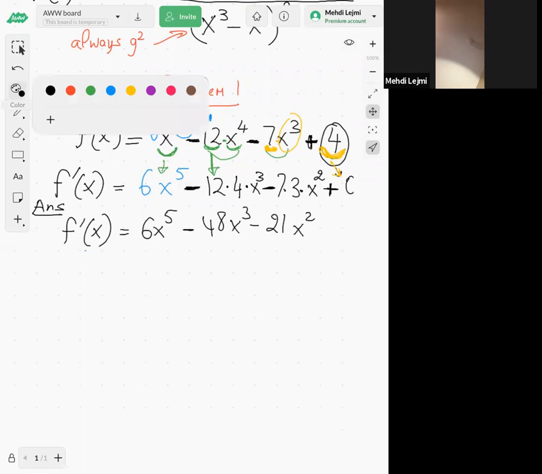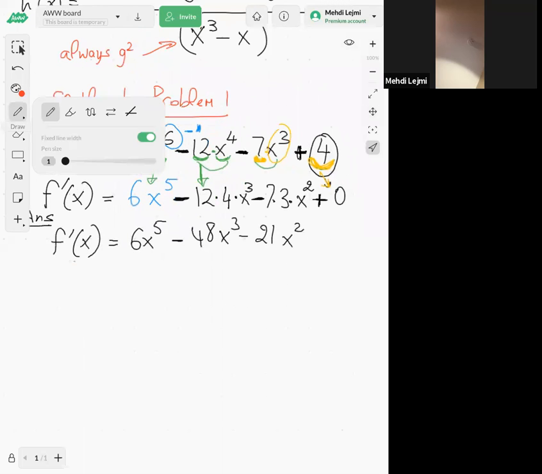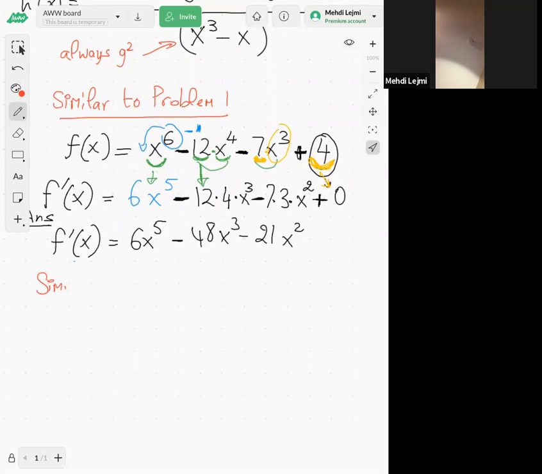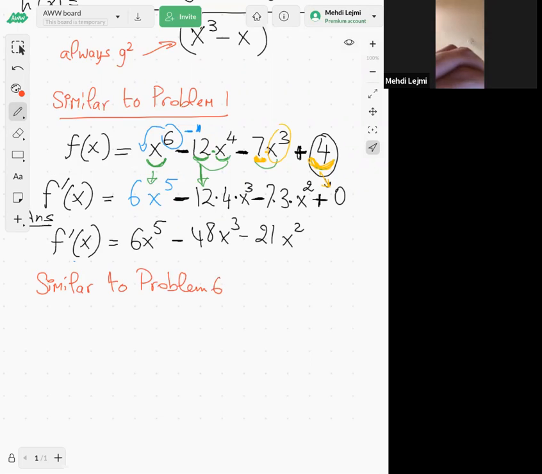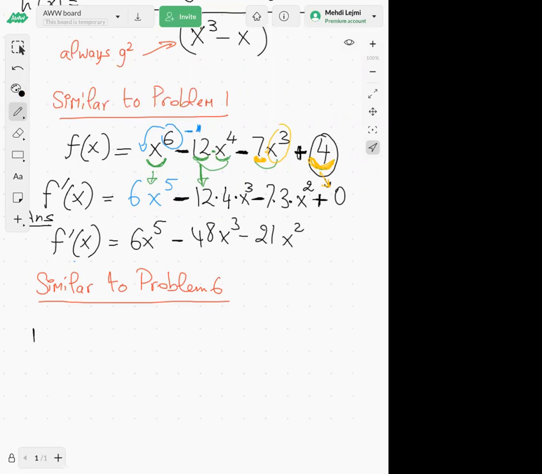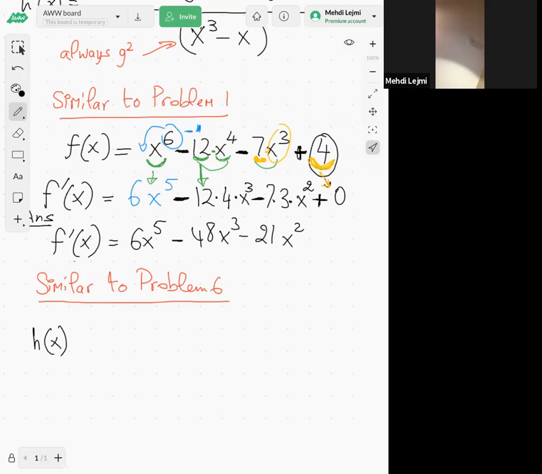So let's do something similar to problem 6. Let's call the function h of x instead of f.